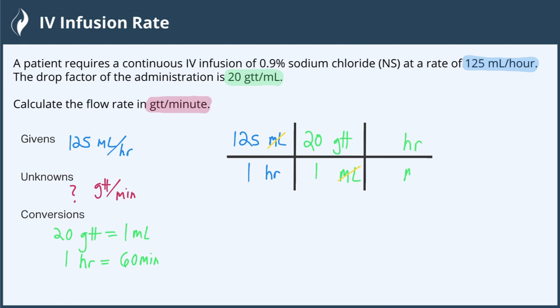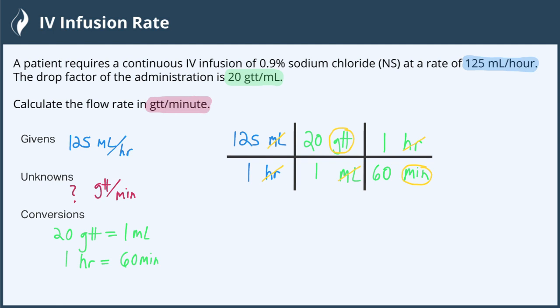That means minutes will be in the bottom. Now, hours does cancel. And we have drops left and we have minutes left. So we know we've set ourselves up correctly. Let's go ahead and fill in the numbers as well. We have 1 hour and 60 minutes.